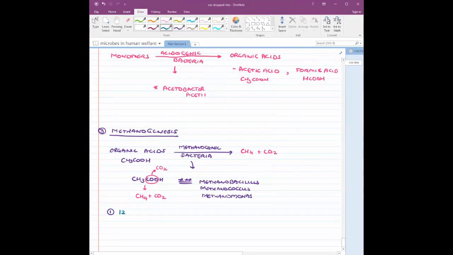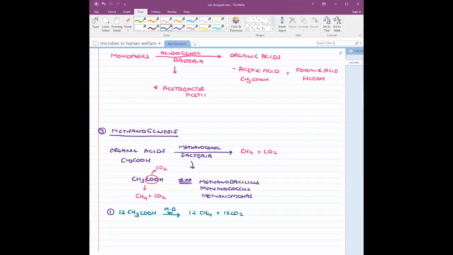We balance this, and with 12 molecules of CH3COOH, in the presence of methanogenic bacteria, we are going to have 12CH4 plus 12CO2. This is the first reaction that is going to happen.